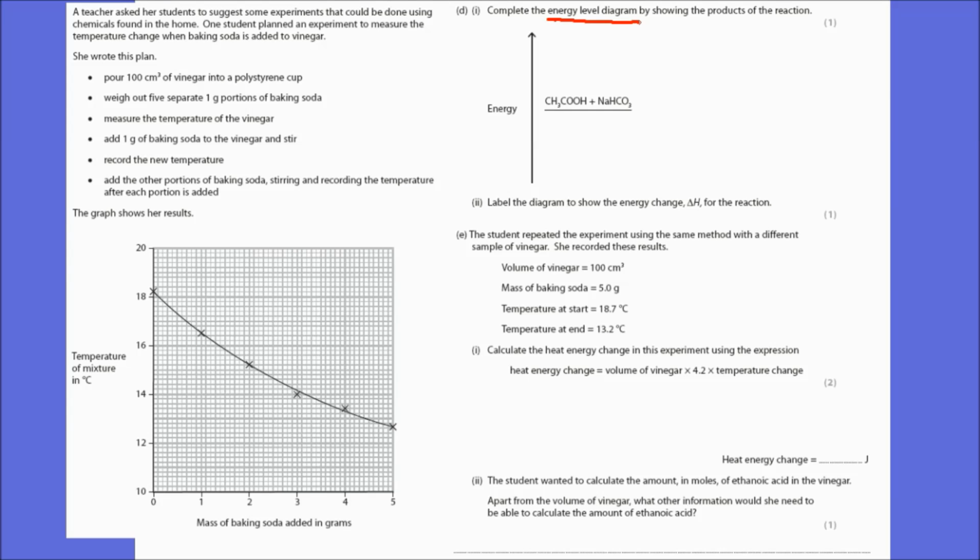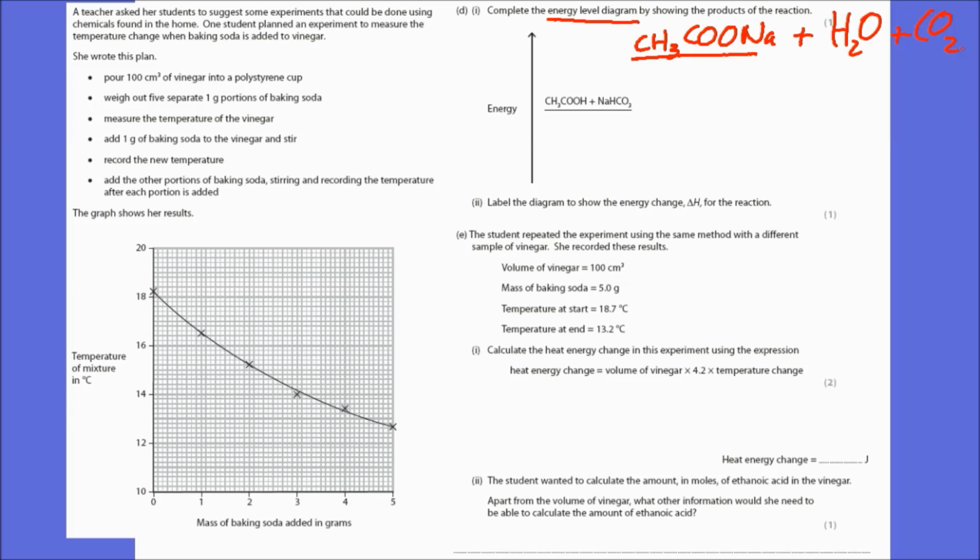As the system is absorbing thermal energy, hence the surroundings are getting colder, the level of chemical energy in there must go up. It's an endothermic reaction. So what we're looking for here is a line above the reactants, and we label it with the specific products that are given to us in the equation on the first page. So those are our products, and that's all you need for that.